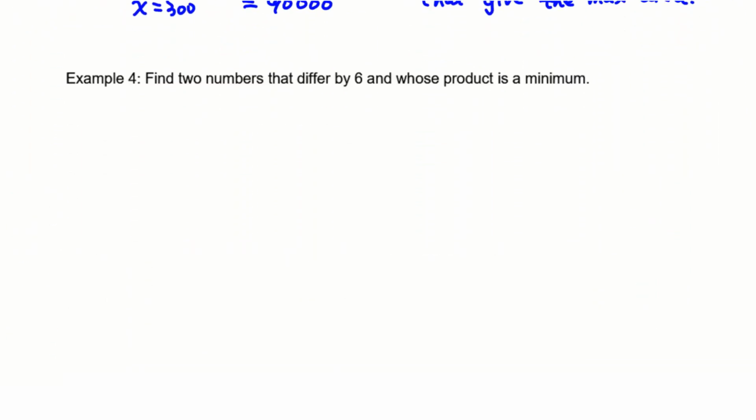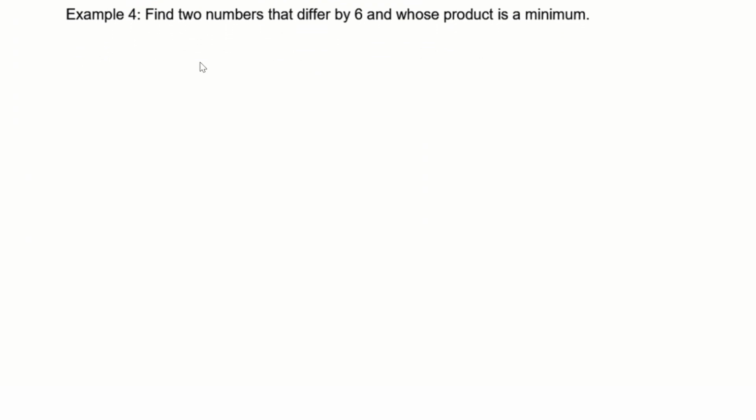And the next example asks you to find two numbers that differ by 6, and the product is a minimum. So once you see maximum or minimum, then this is looking for the vertex.